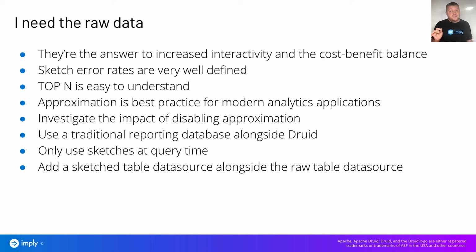And there you'll be accepting that the data you store will be bigger and that Druid will have more work to do, but you will at least get some speed benefit. Or you could create a second sketched table. That sketch table will be blisteringly fast and it will probably end up being your end user's first port of call. But you'll still have the raw data in another table that everyone accepts will be slightly slower.